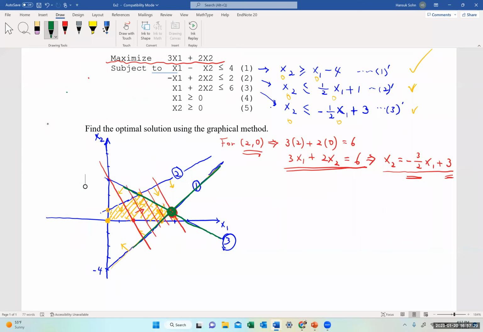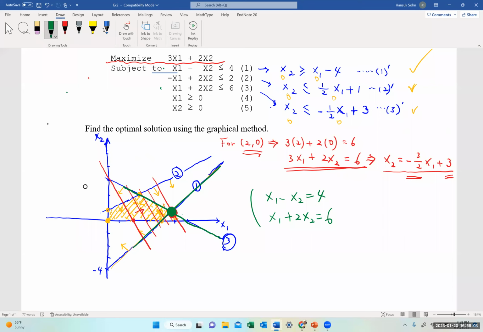So what you need to do is just solve these two equations. The first equation would be x1 minus x2 equals 4. And the third equation would be x1 plus 2x2 equals 6. If you solve this, then you get the optimal solution.